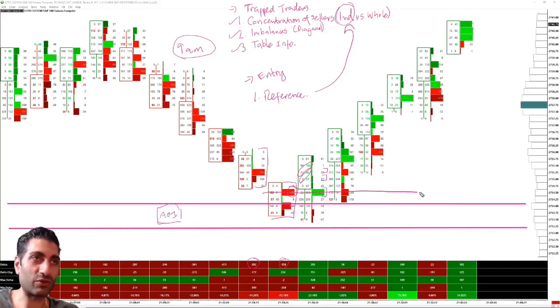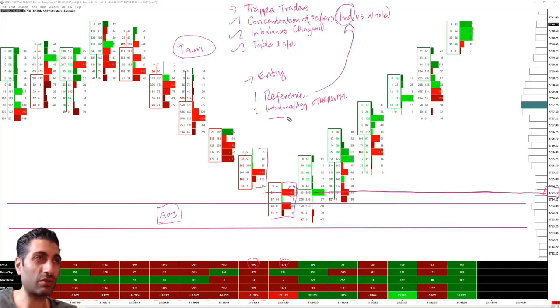That's why this level is so crucial. So I'll look at this level, I'll have it marked. Once we've got trapped into this zone, guys, I don't care about this area, I want it to come and test the zone. Then I will look for imbalances or any sort of aggressive buying coming the other way. So one is reference, two is imbalances, aggression, other way.